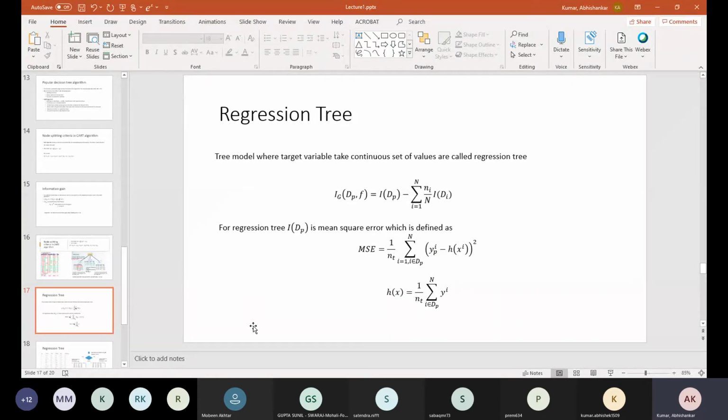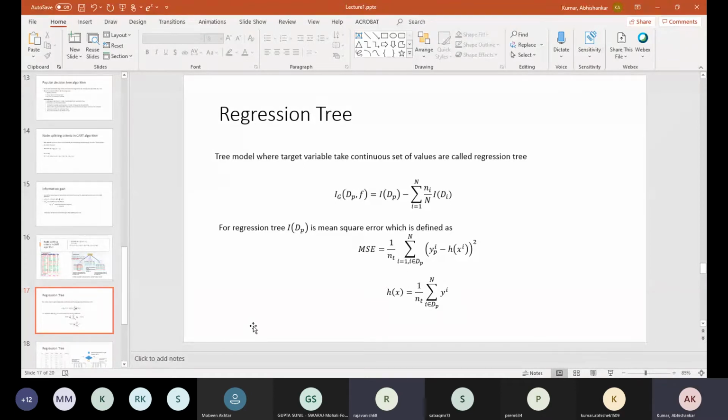So the IG formula is the same here also, correct? The information gain formula is this, and then one is how do you measure the randomness present in the data at the parent node? Sir, some data may be negative, so they may cancel out. That's why MSE has been taken.